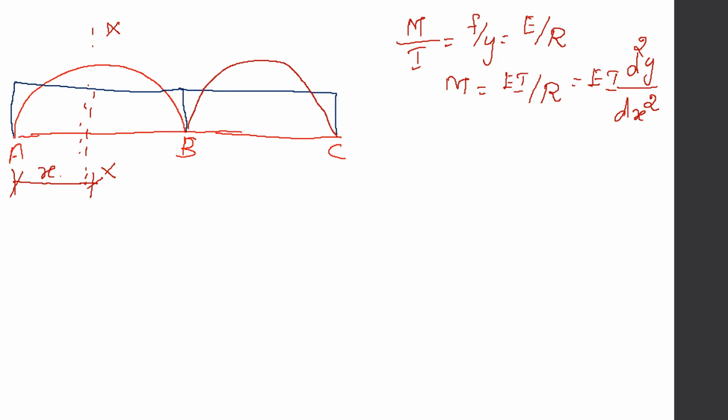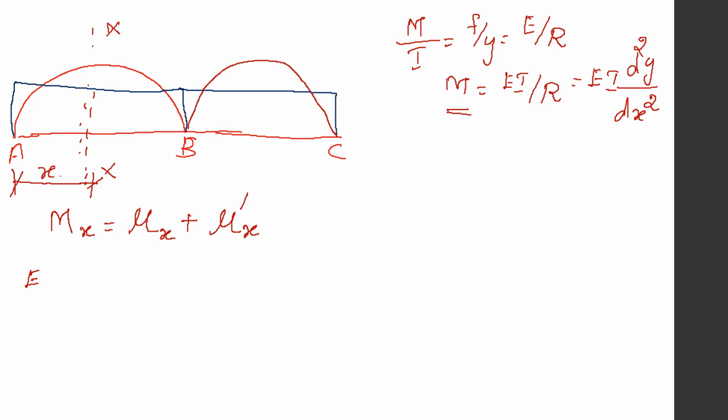Now, we will take the bending moment at the section X. It is a combination of the bending moment due to simple supports plus the bending moment due to fixed supports. So it is μx plus μ'x, because μx is the bending due to simple supports and μ'x is the bending due to fixed support. We will replace this M by EI into d²y by dx².